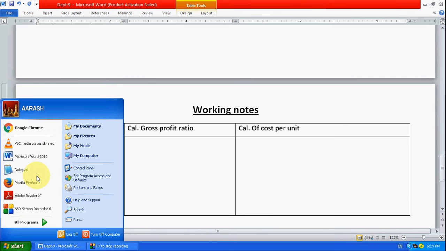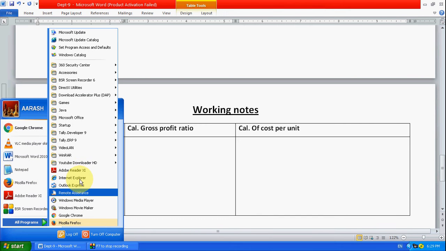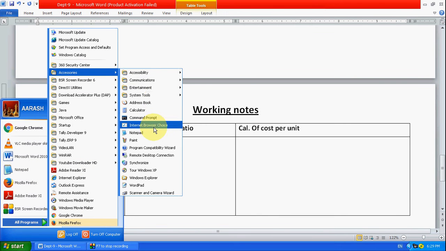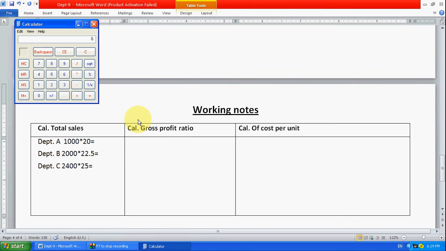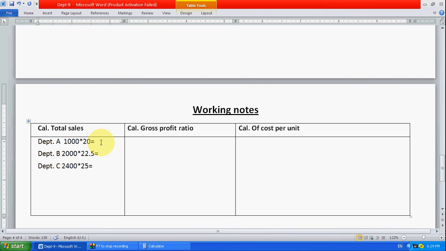Use the calculator. 1000 into 20, how much? 20,000. So right here 20,000.